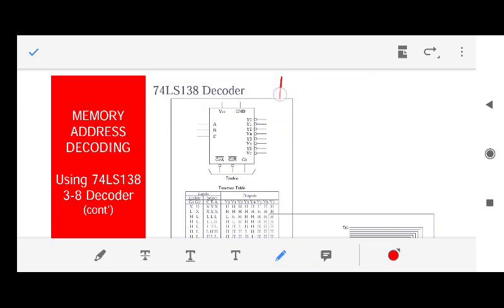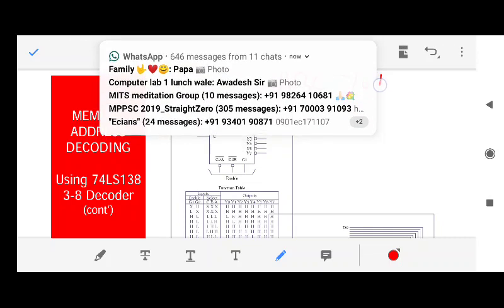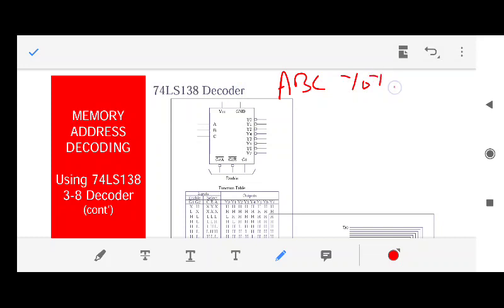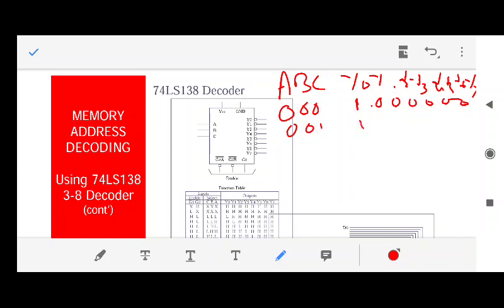For example, you have A, B, C input, and you have Y0, Y1, Y2, Y3, Y4, Y5, Y6 and Y7, fine, as the output lines. Now when this is 0 0 0, this would be selected, the rest will be disabled. When this is 0 0 1, the second will be enabled and rest would be disabled.